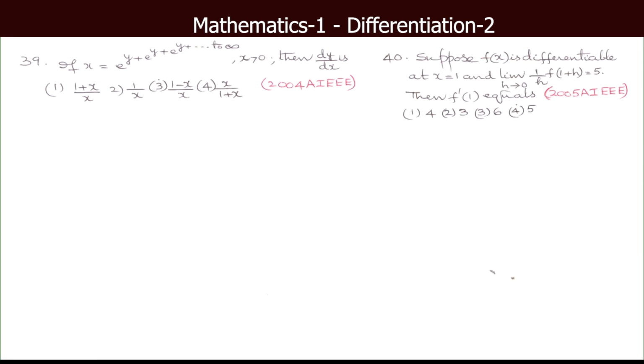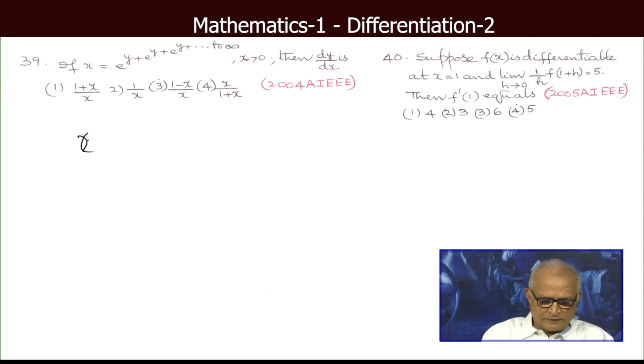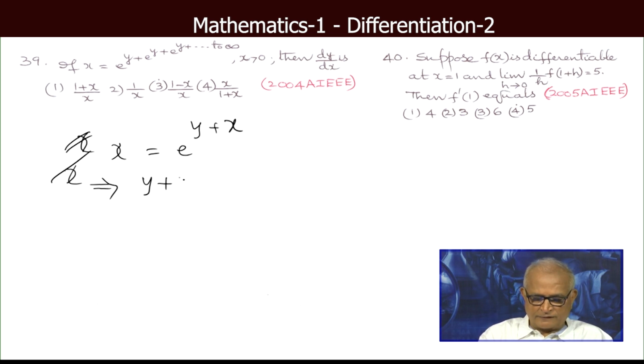Once again, repeated extraction of the exponents, taking the exponents e power y plus, e power y plus, e power y plus, etc. So, this can be written as x equal to e power y plus x, or y plus x equal to ln x, implicit differentiation, or y equal to ln x minus x.